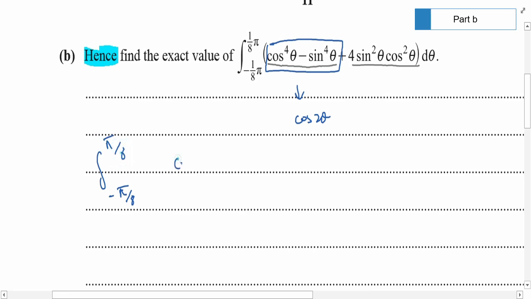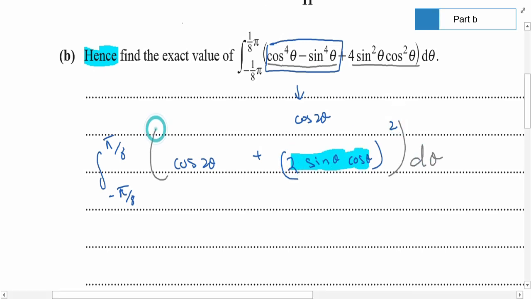We can write 4 as 2 squared, and sine theta and cos theta in a single squared. And we know that this is sine 2 theta.